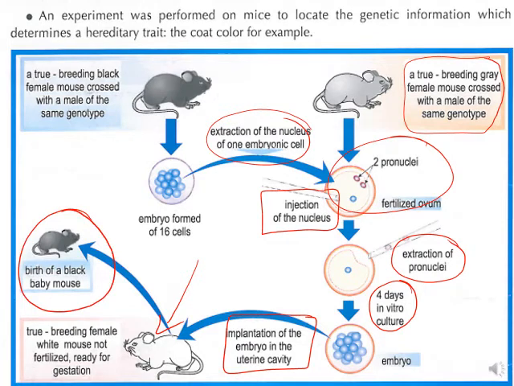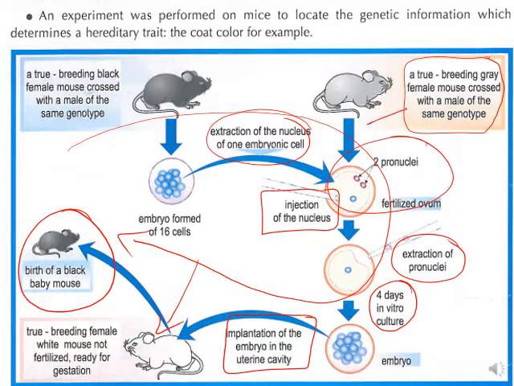So you have to know how to start like this, moving in order to reach this result. This indicates that the black color of the baby mouse was coded by the information inherited with the nucleus of the embryonic cells, not the cytoplasm or the cell membrane from the true breeding gray female mouse, and not from the uterus of the white mouse.